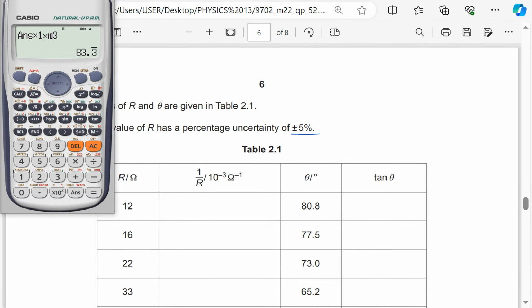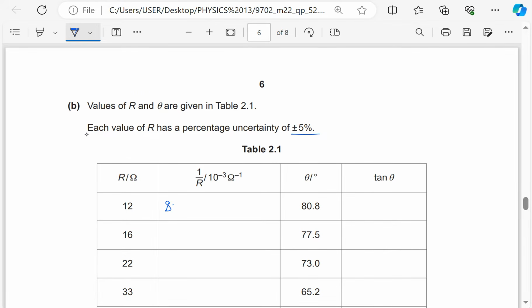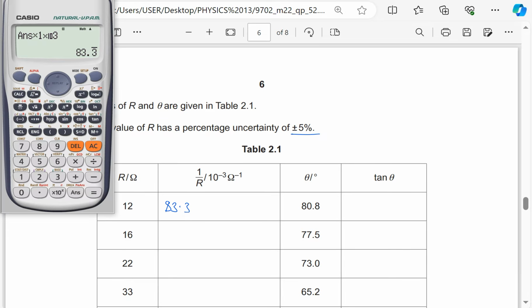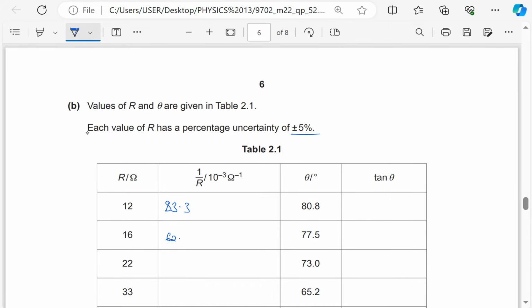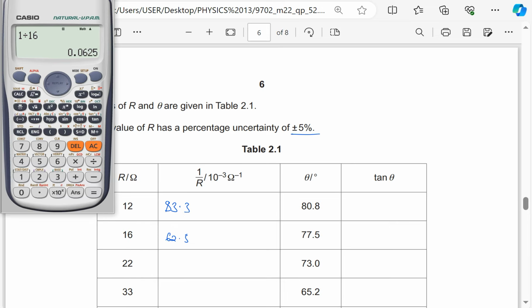So it is 83.3, so this is 83.3 times 10 to the power of minus 3. Then 1 divided by 16. So this is going to be 62.5 times 10 to the power of minus 3.